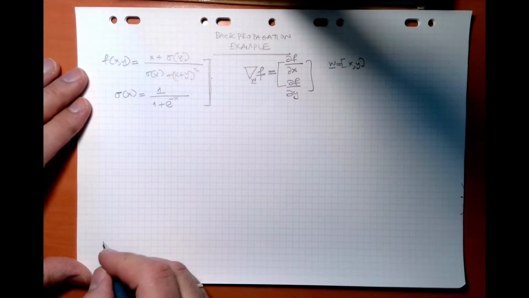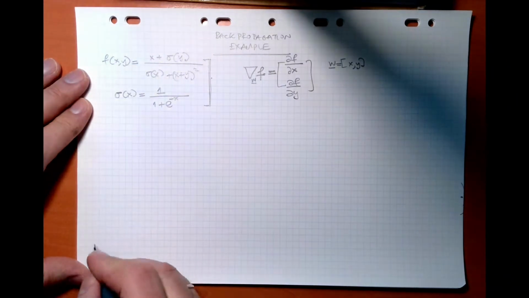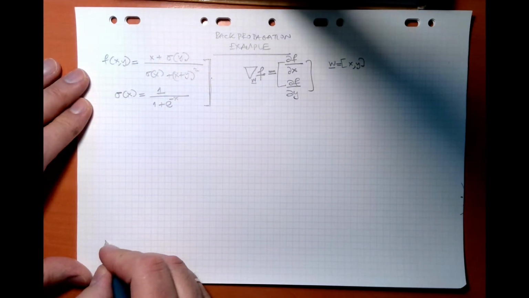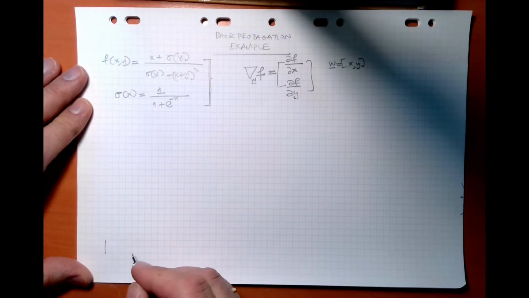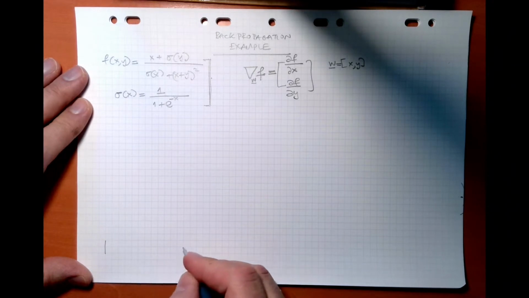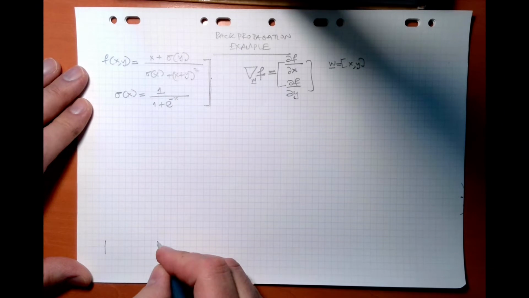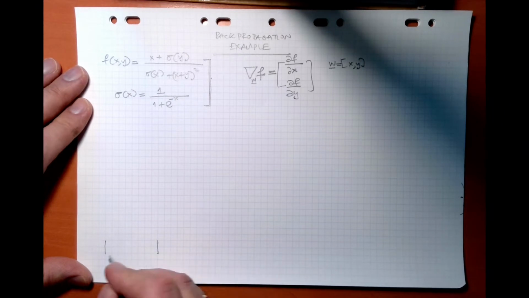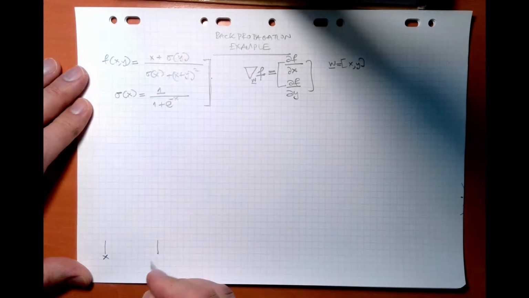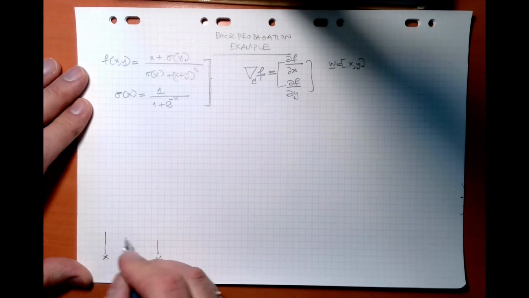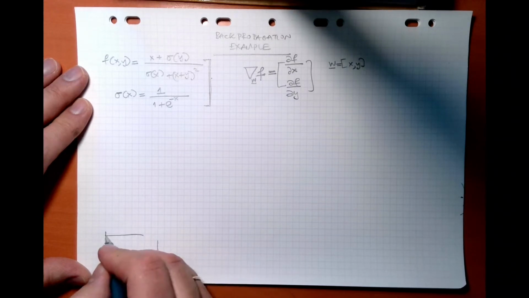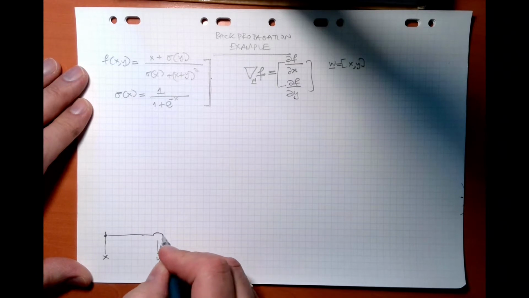This function f of x comma y has just two parameters, and we can represent it with a computational graph. We start at the bottom with the inputs x and y, and gradually build the graph.